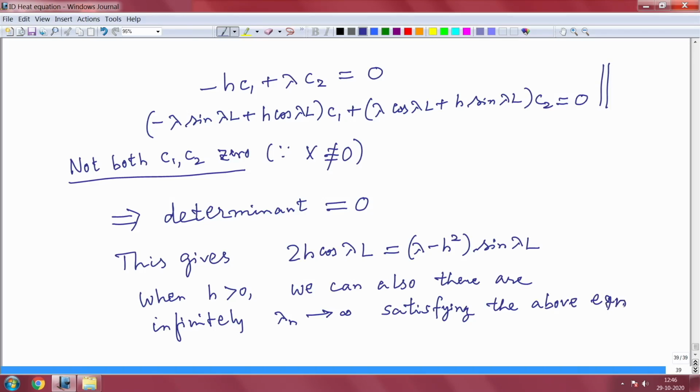So, it is not possible to write down what exactly lambda n is, but you can geometrically show there are infinitely many lambda n, tending to infinity, satisfying this equation. And then again as usual, X n and T n are known, but lambda n is not explicitly known. T n is again no problem.